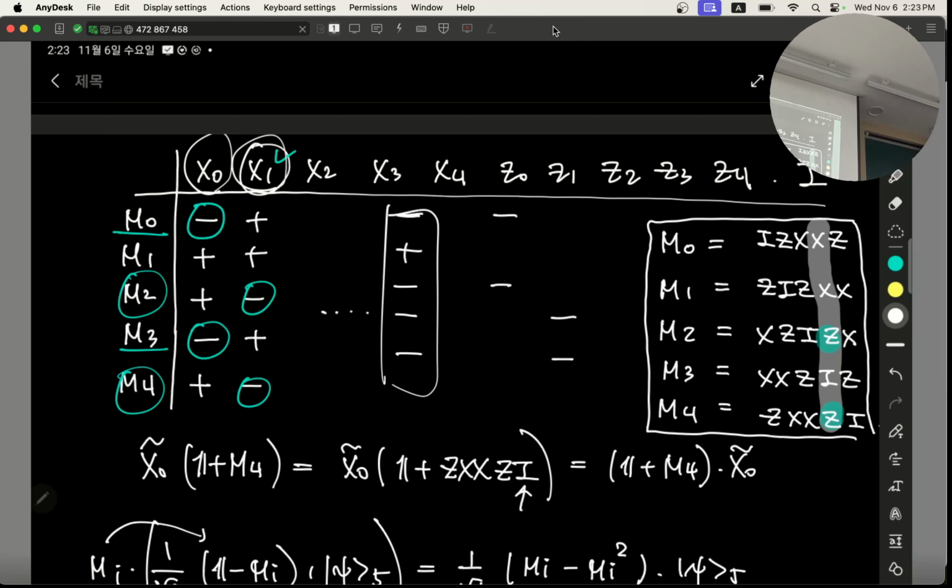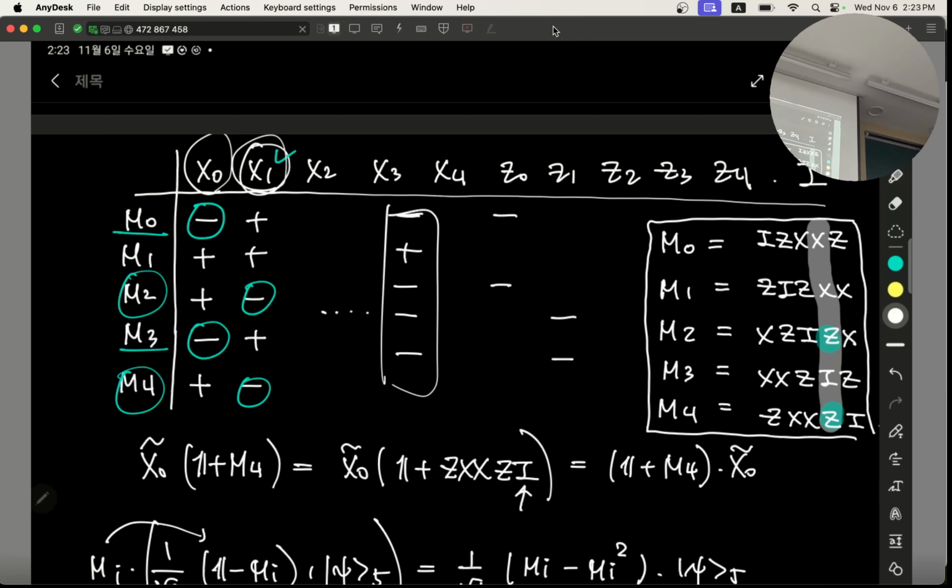The idea is that your logical qubit, the information stored in the multiple physical qubits, is always an eigenstate of your measurement Mi.